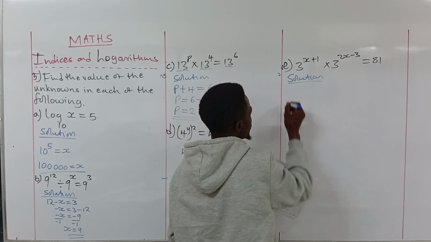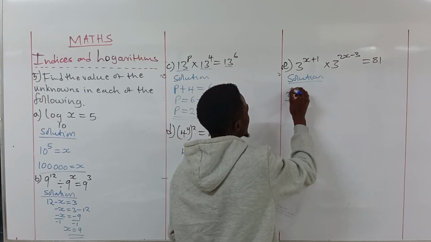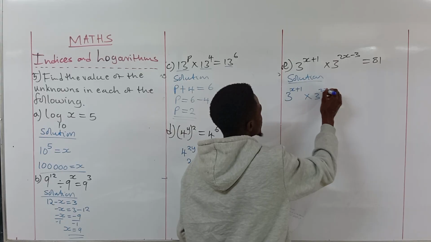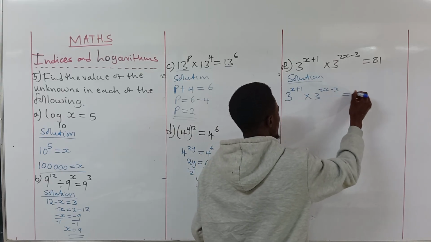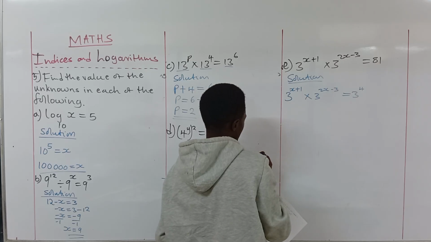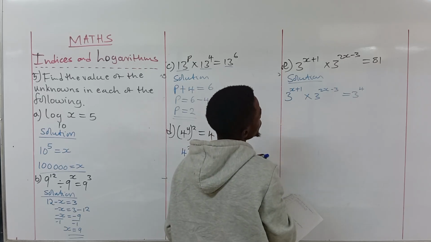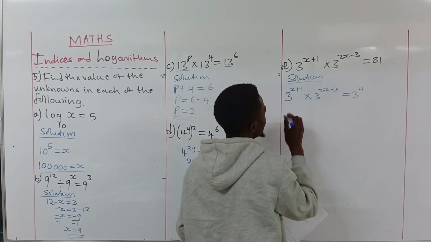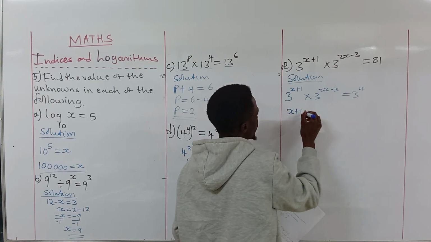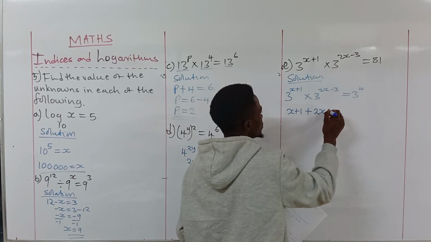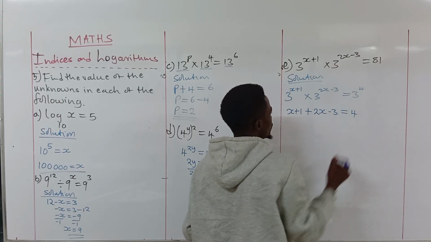So redefining the equation becomes 3 to the power x plus 1 times 3 to the power 2x minus 3 is equal to 3 power 4. Initially we have said 81 is the same as 3 power 4. So we have to equate everything because the bases are the same. So x plus 1 plus, because of the multiplication sign, 2x minus 3 is equal to 4.